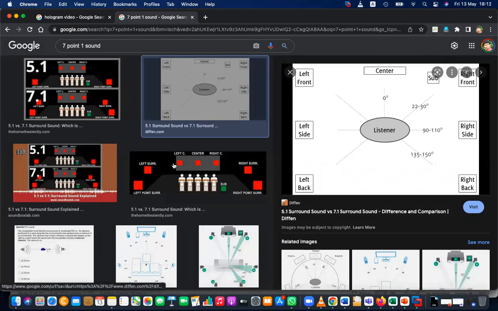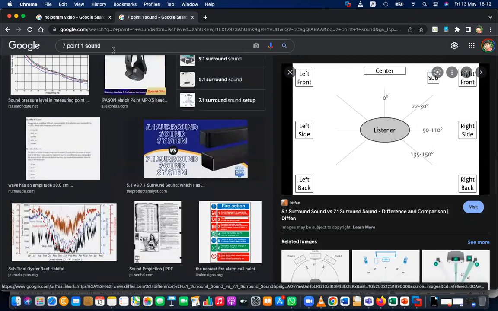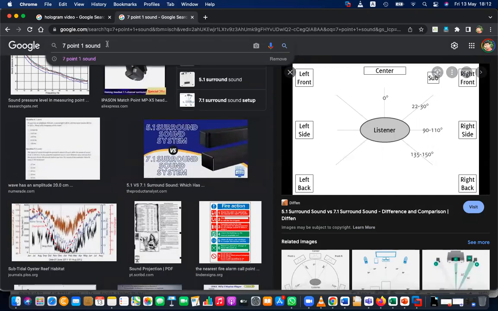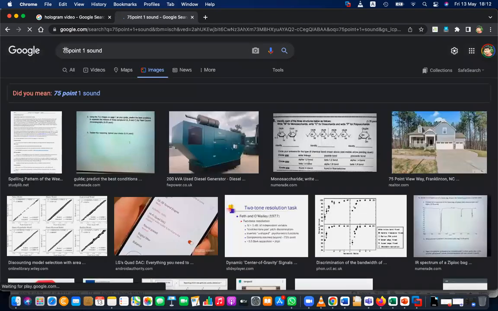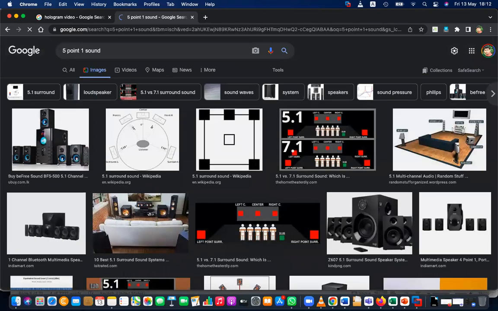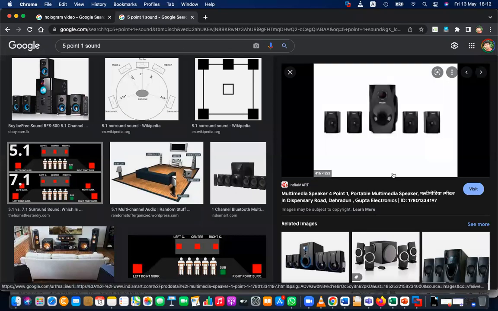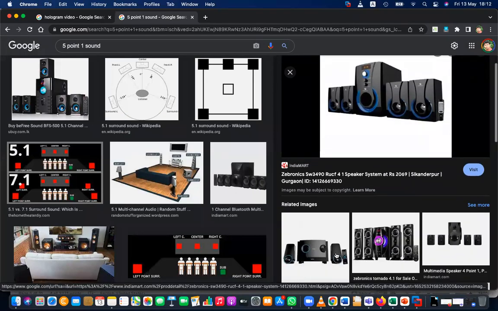I have seen some people placing a 5.1 sound system or 7.1 system in a single line. They place the speakers like this, or like this, but that is not 5.1.